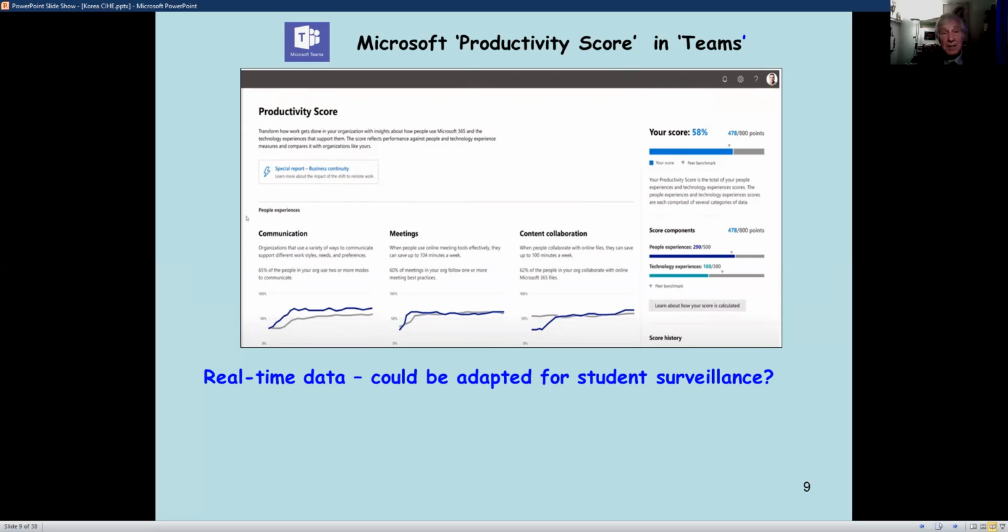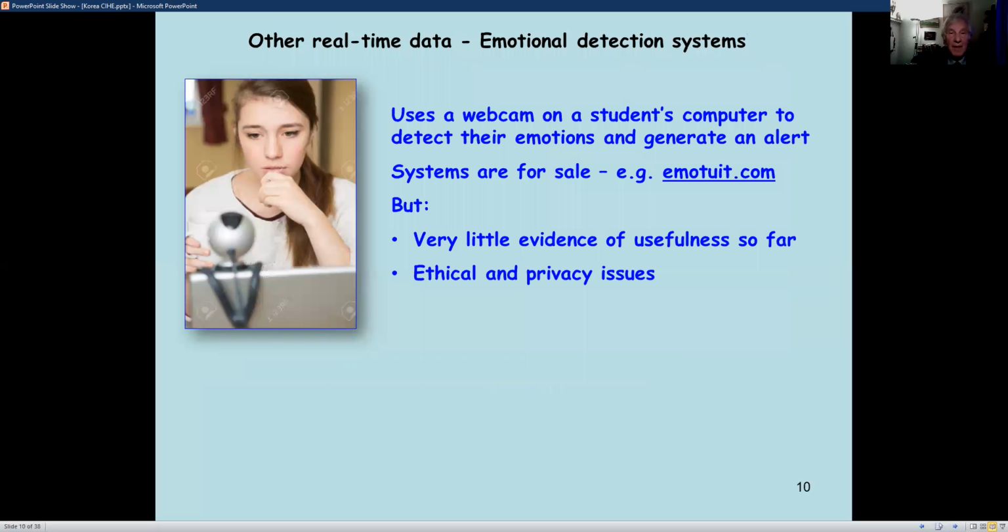There are other ways of getting real-time data. There are emotional detection systems, which claim to be able to detect a student's emotional state. For example, mo2it.com offers software that can use a student's webcam to monitor their facial expression.